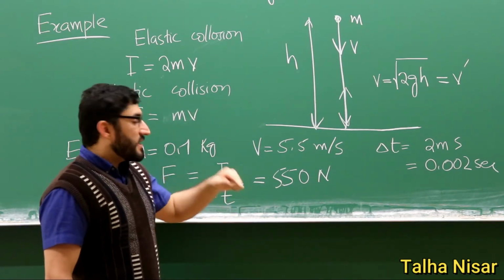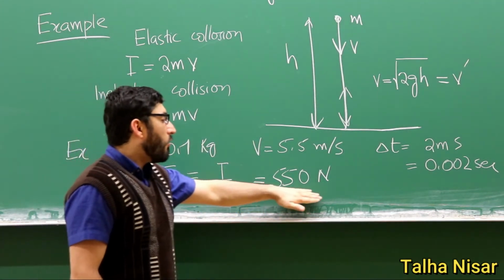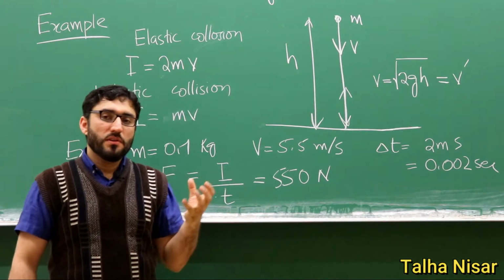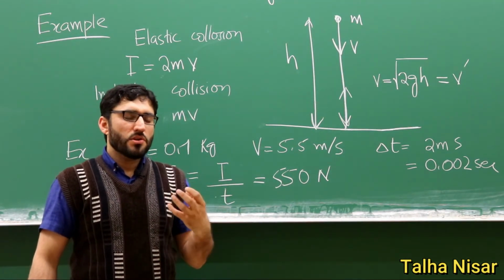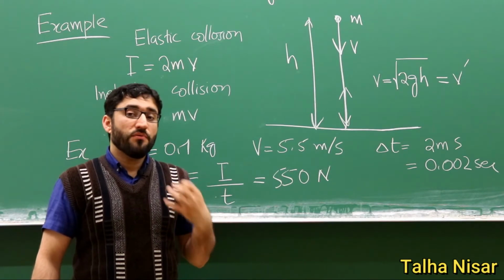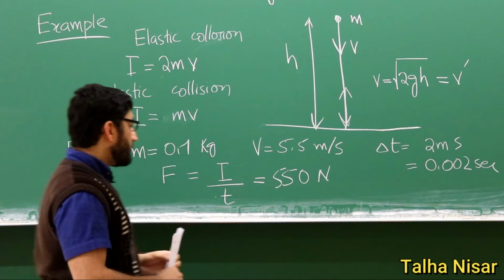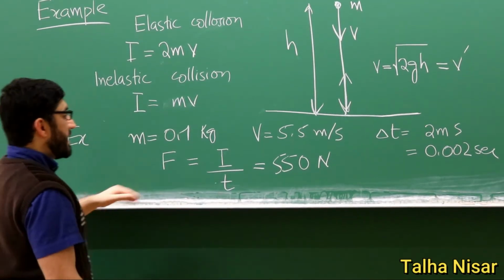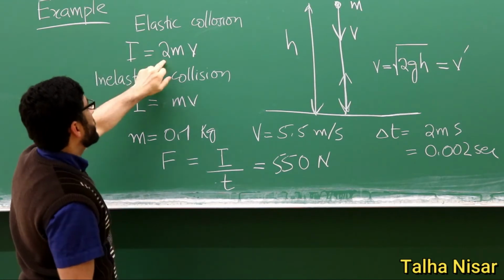And since the acceleration is high, according to Newton's second law, the force will also be high. That's why whenever we drop some hard object on the floor, since the acceleration and the force are extremely high, the things will break. So this is the example for the elastic collision. We use this impulse, which was 2mv.